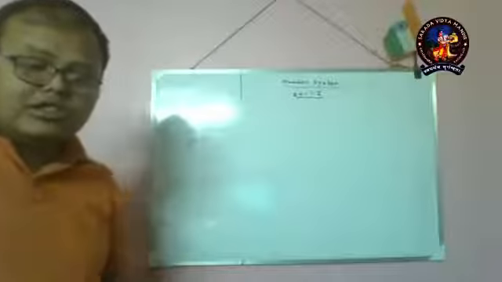So let's start next exercise 1.2. First question is, every irrational number is a real number. You have to say whether it's true or false, and you have to justify your answer as well.